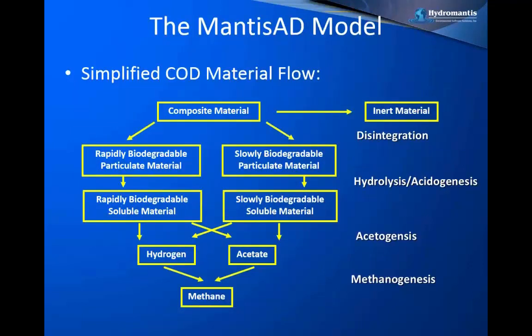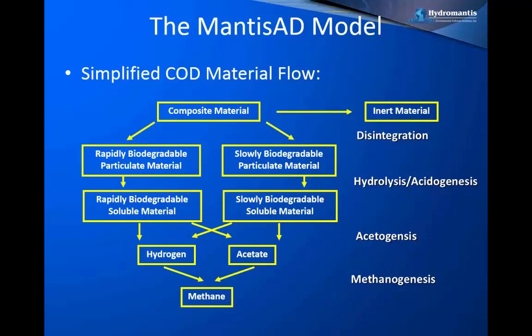Now coming to the third model, which is MantisAD, the motivation for this particular model has been to have a simplification over ADM1 and to provide a sound, robust model, with some simplification which is still valid for wastewater treatment applications.